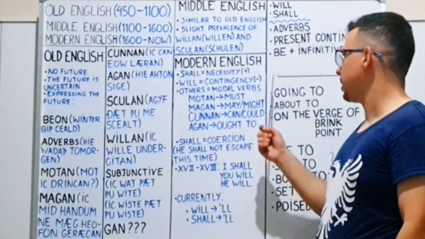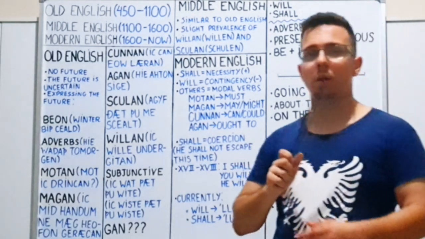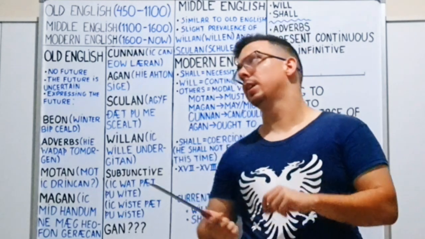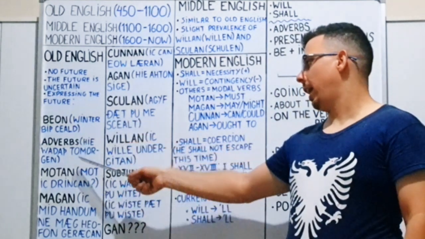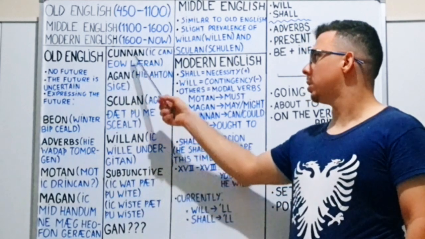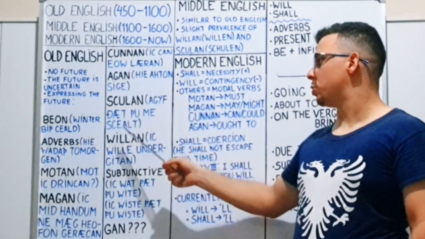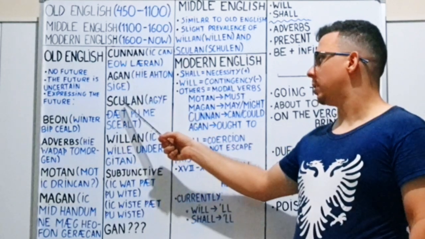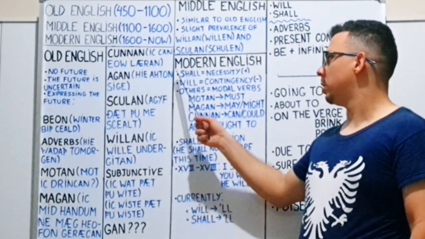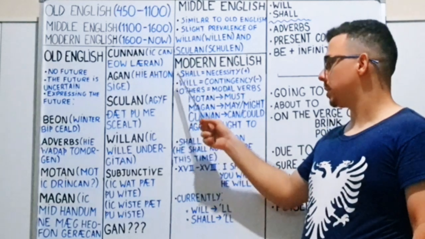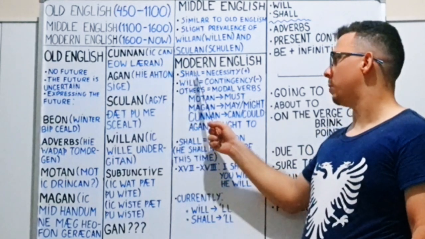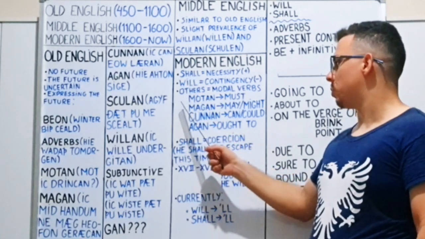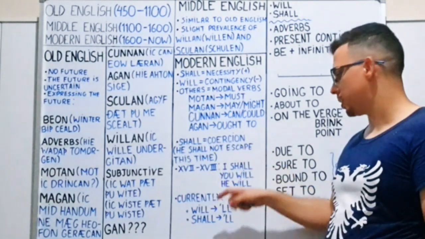And so before we finish the video, before we say goodbye, I would like to ask you a question, and a very interesting one. Can you see here that these verbs were used for the future, and only "shall" and "will" kept being interpreted as auxiliary verbs for the future, and that the other verbs, they were classified as modal verbs?